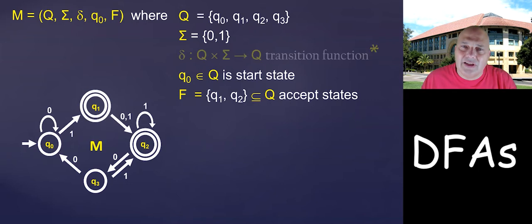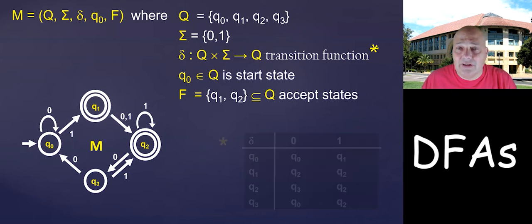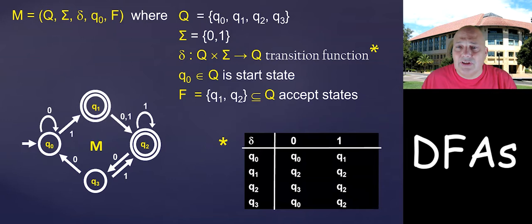And again, the most interesting part is the transition function, which is delta from Q times sigma to Q, and we'll specify it as a table. So given that you are in state, for example, Q0, and you read a 0, you stay put in Q0. You read a 1, you move to Q1. So we can view it also in the picture.